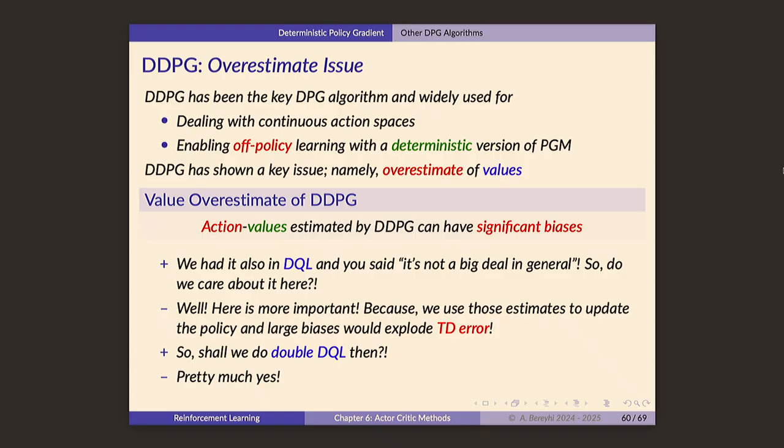Because, for example, the value of every action is biased by roughly the same amount, and then the optimal action is going to be the same again, right? We had a few examples, and I showed you one of them where even though it had bias, the optimal policy was not changing, right? But the point here is that in DDPG, it could be more crucial.